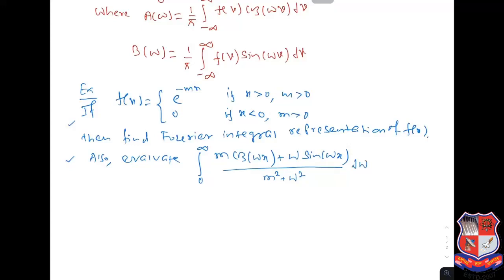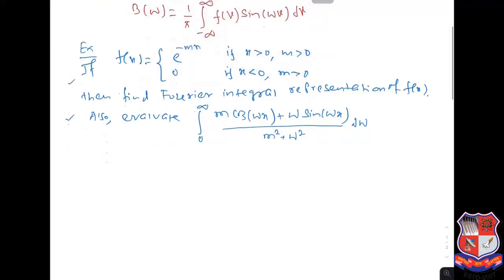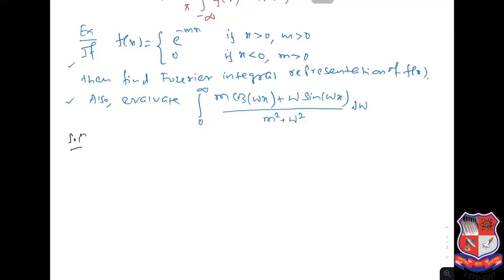That means the value of this integration. Now let us find the Fourier integral representation. So f(x) is given to you like this.